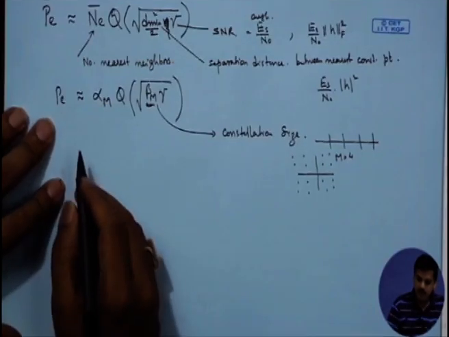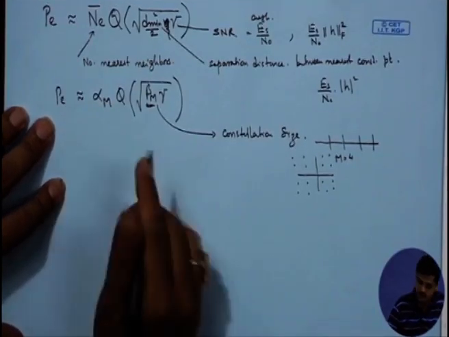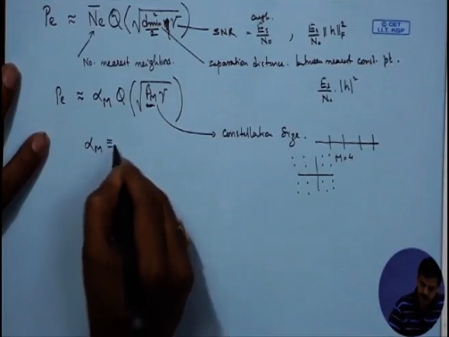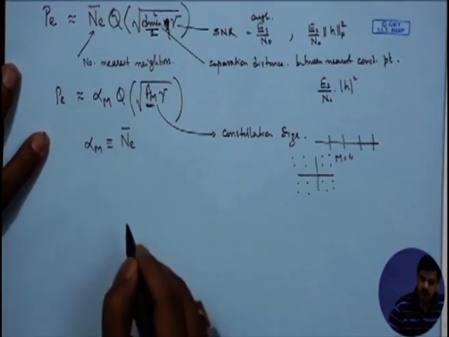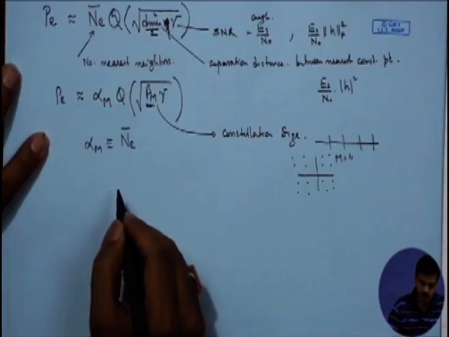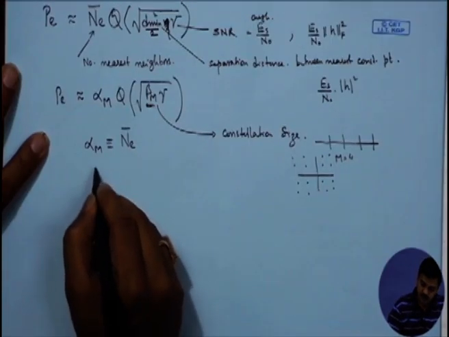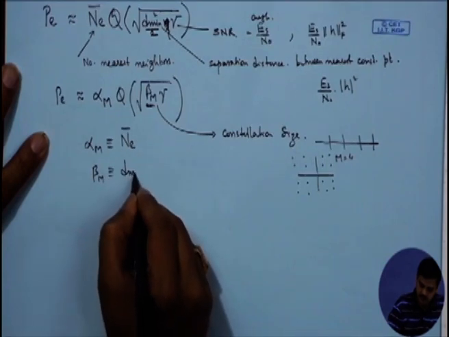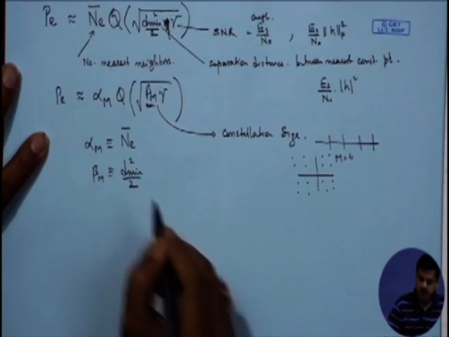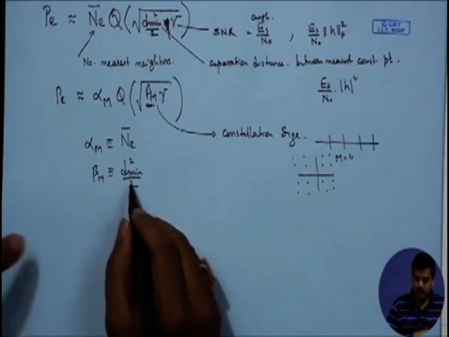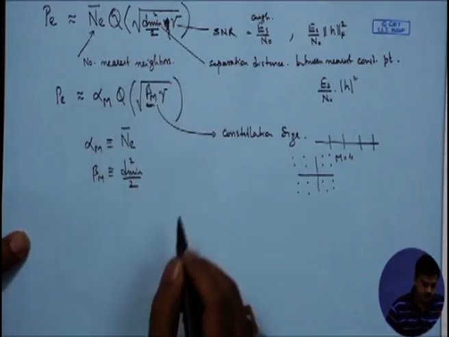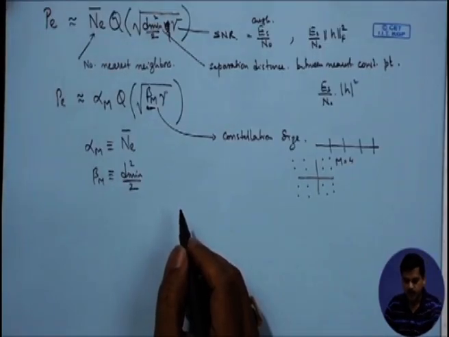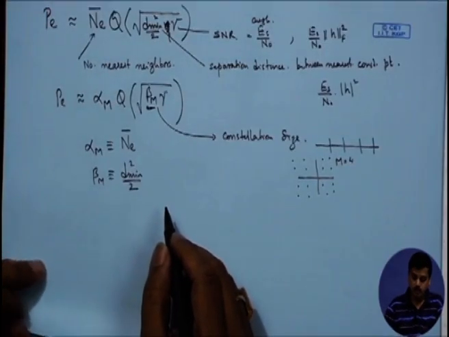There is of course equivalence in these expressions, and clearly alpha m is the same as N e bar. That's how these coefficients are usually derived, and beta m naturally is the same as d min squared by 2. So if we use these translations, then the error probability expressions work out as the same. So there is no more problem with them.